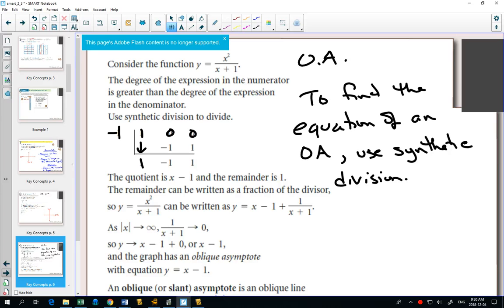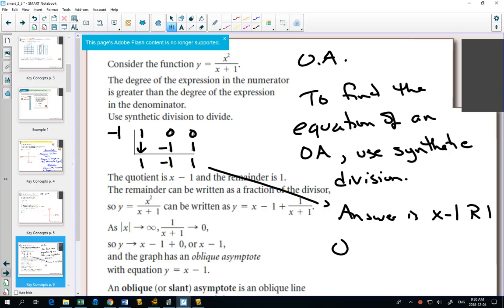Negative 1 times 1 is negative 1, and you add. Negative 1 times negative 1 is 1, and you add. What's the answer? The answer is x minus 1 remainder 1, right? That's what the synthetic division answer is.